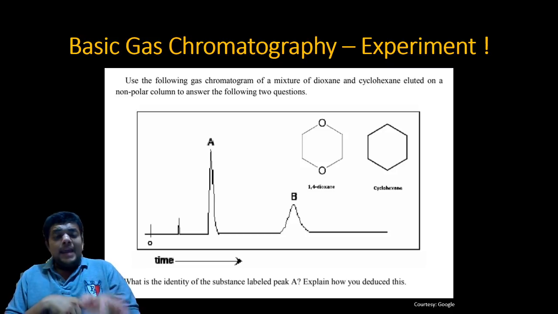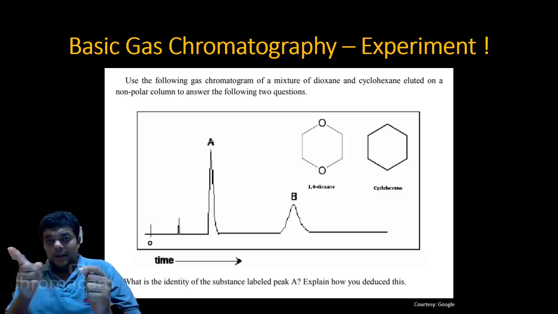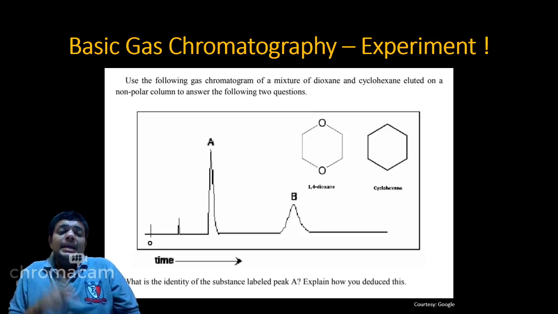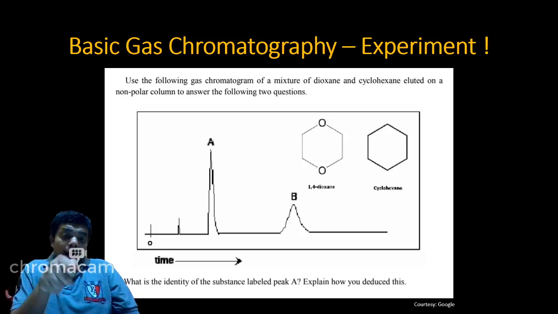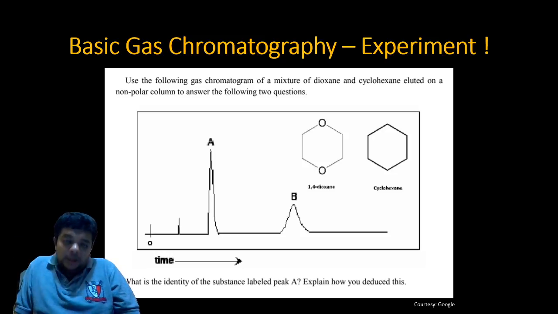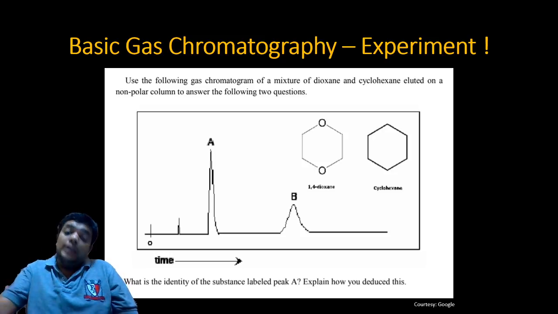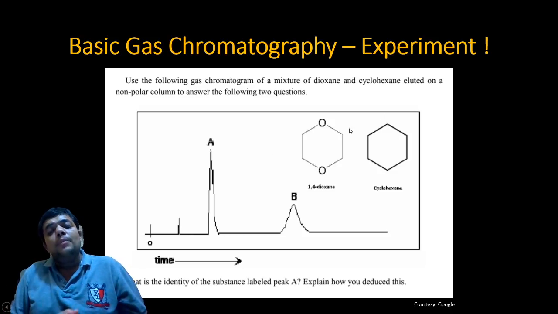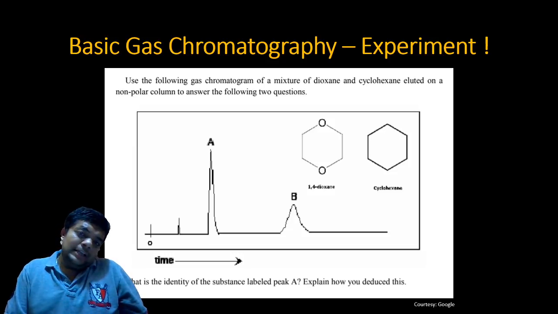So if A is coming out first, A is less non-polar. If B is coming out afterwards, B is more non-polar because it stays in for a longer time. So in the graph it will come out late. So of the two, as cyclohexane is more non-polar, cyclohexane has to be B and 1,4-dioxane has to be A.